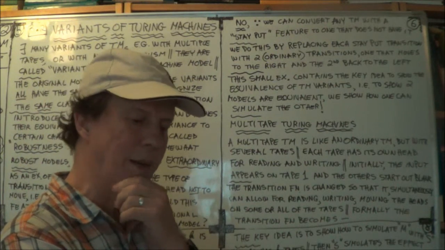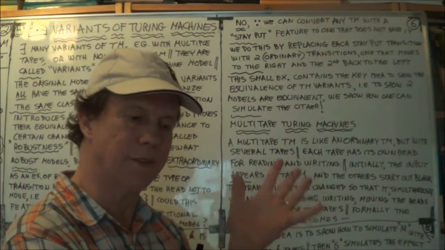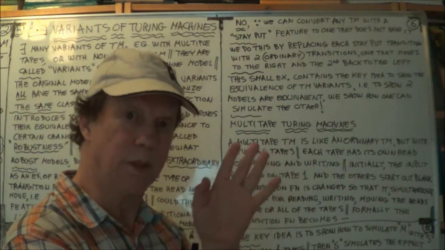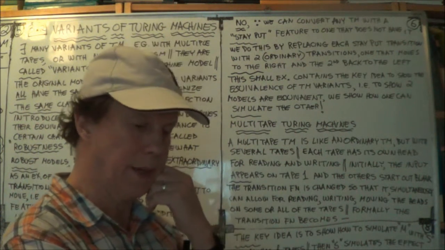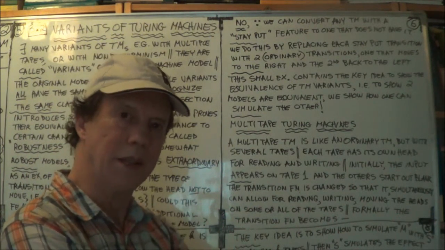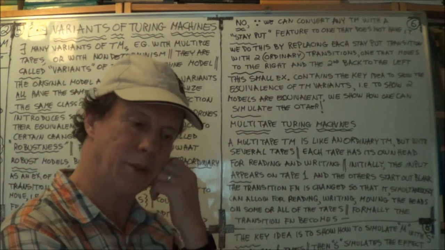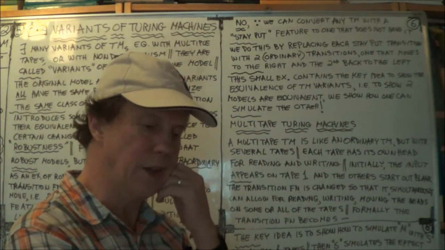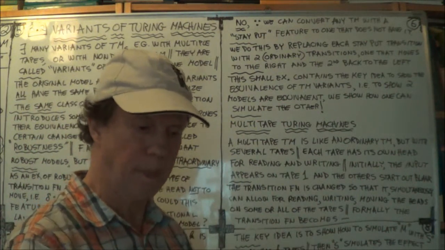But in terms of power, the actual recognition, at the end of the day, can the K tape Turing machine recognize a larger class of languages than the single tape Turing machine? The answer is no. They're equivalent.